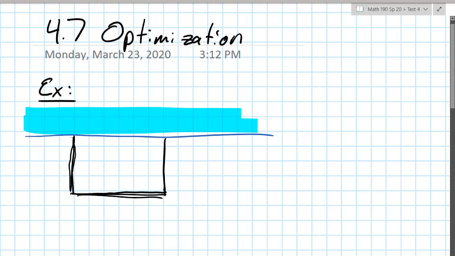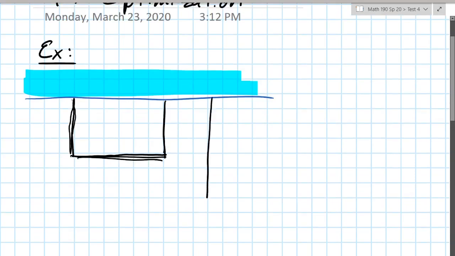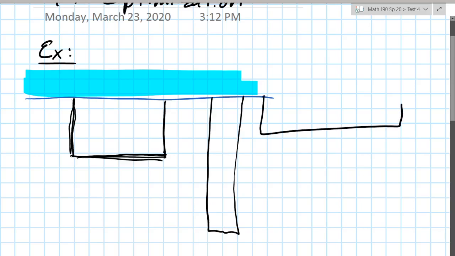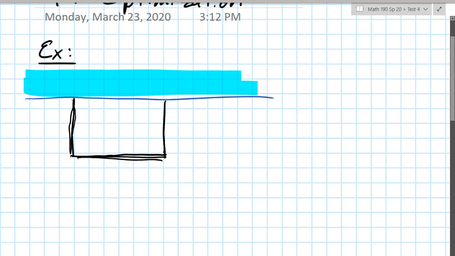But how we build the fence, if we want it more tall and skinny or more wide and flat, is kind of going to be up to us. So the length and the width would be 2 different variables that we have in our problem.